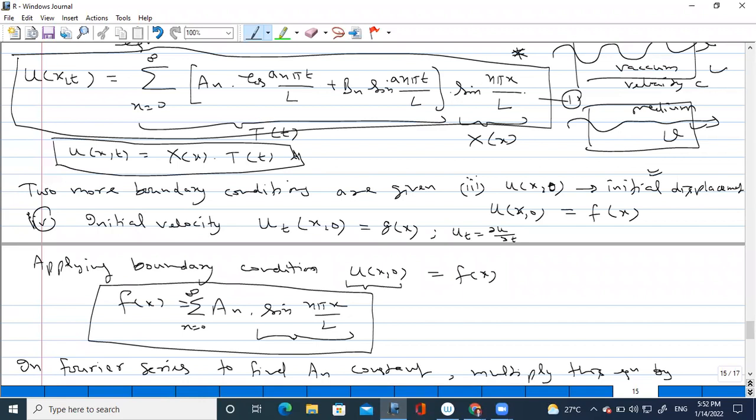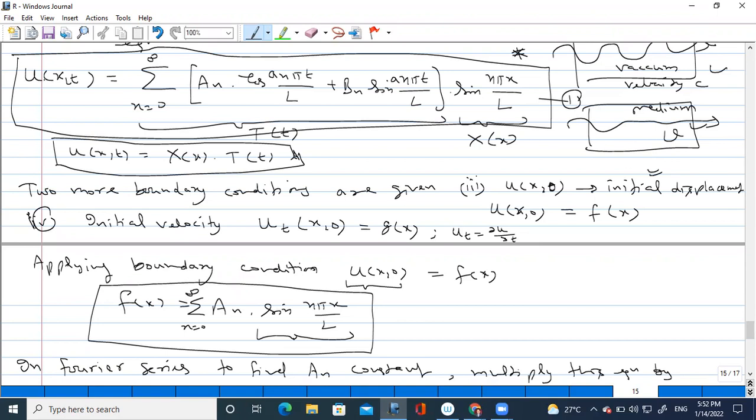So sine n pi x will be the same. You have to differentiate this with respect to t only. So this cos will become sine into An pi by L, minus sine An pi t by L into An pi by L, and this will be plus Bn into cos An pi t by L into n pi by L. Understood?